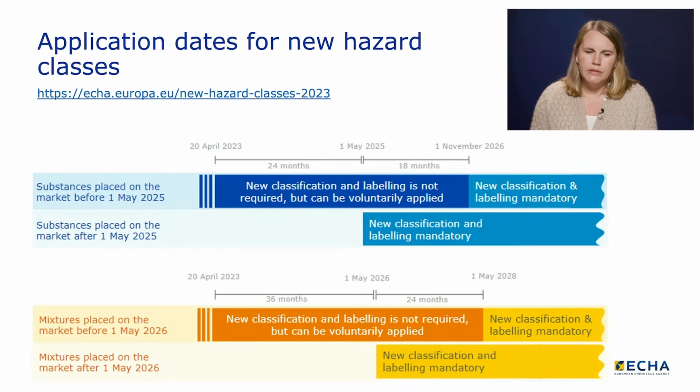Similarly, for mixtures, from 1st May 2026 at the latest, mixtures shall be labeled in accordance with the new criteria. However, mixtures which were placed on the market before 1st May 2026 are not required to be labeled in accordance with the new criteria until 1st May 2028.